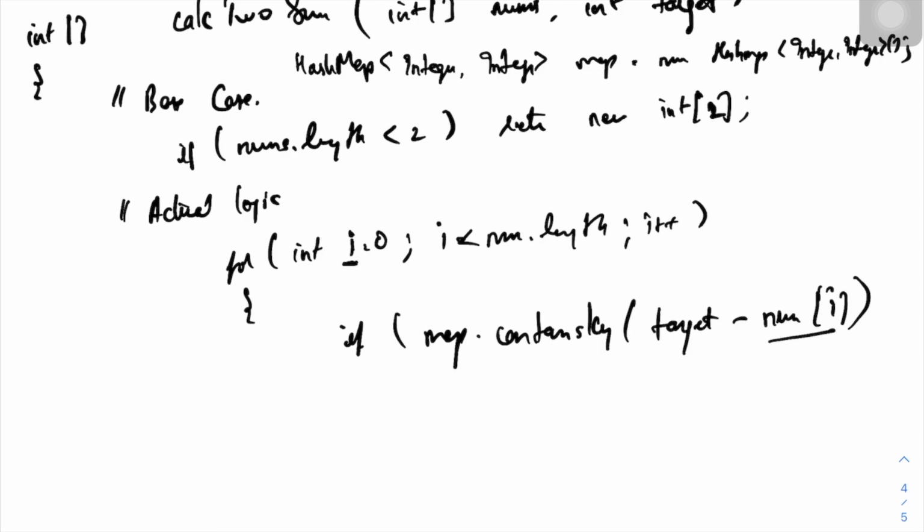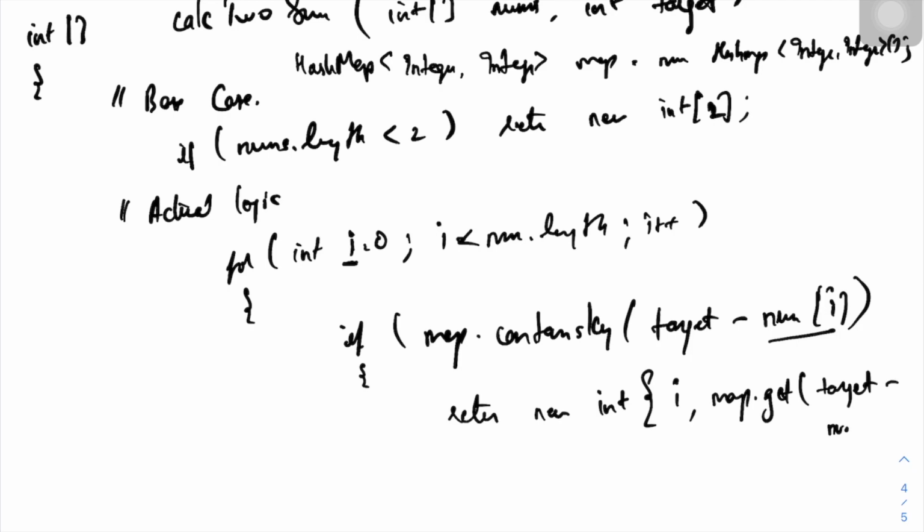So if it contains the key, then we got our answer. Return new int, where the first location is i and the second location is the location where you got target minus nums of i.